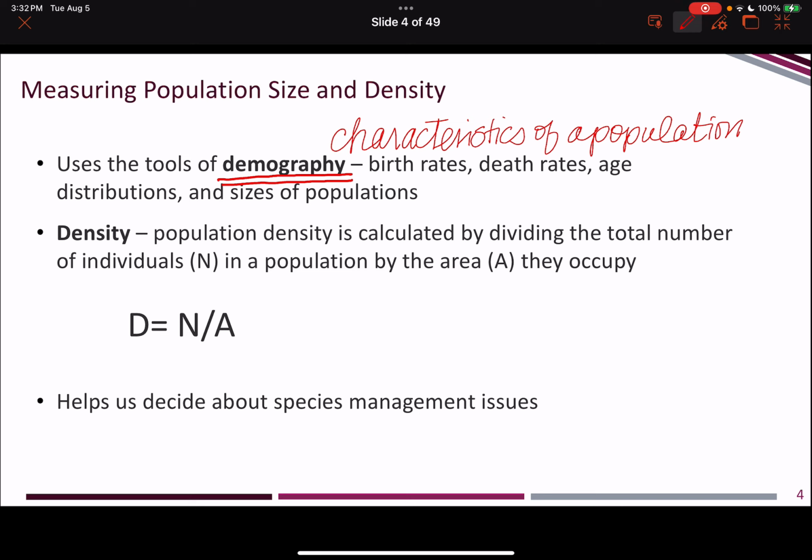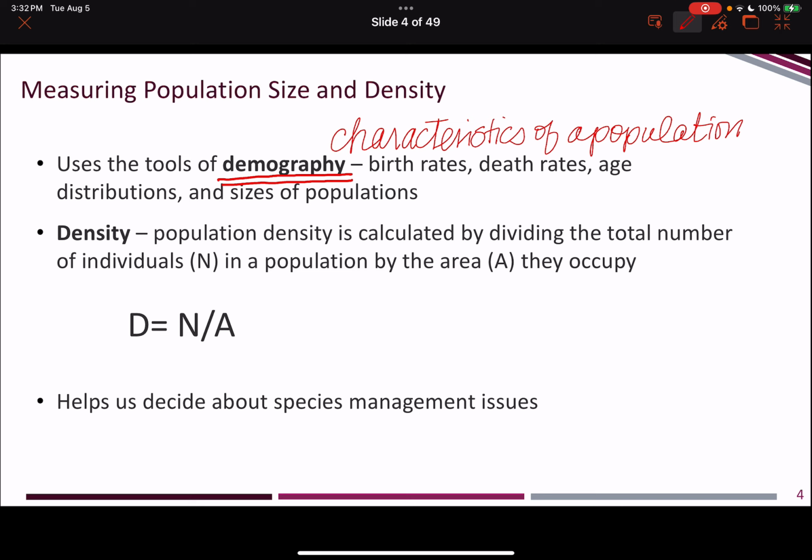We'll talk in our first ecology lab about how we actually estimate population sizes. You can do things like tagging animals, collecting, observing, things like that. So you can collect this demographic information in a variety of different ways.